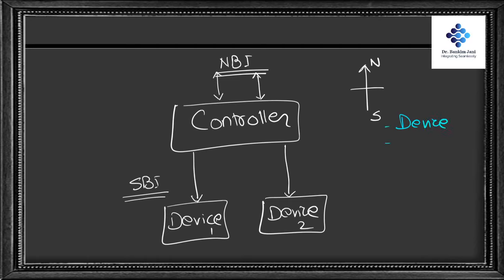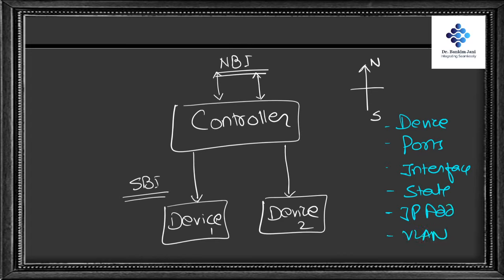Then it has to know which ports they are talking about, what the interfaces are, what their state is, whether they are up or down, what their IP addresses are, VLANs. So much information is to be fed. All this information the controller takes, processes it, and sends it to all those devices.